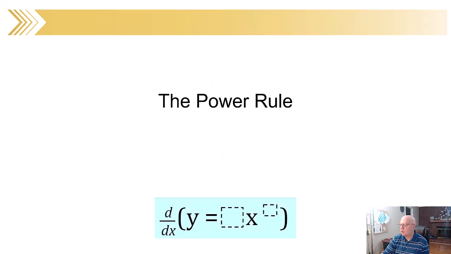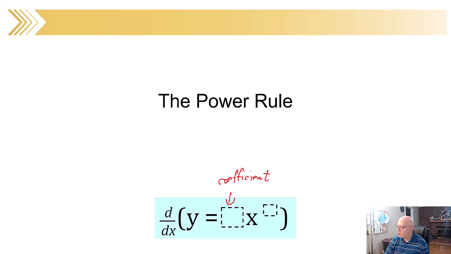Next, the power rule. How does this go? Well, this is what it looks like. You've got a function here, and you've got a coefficient out here. Coefficient, just a real number times a basic function.